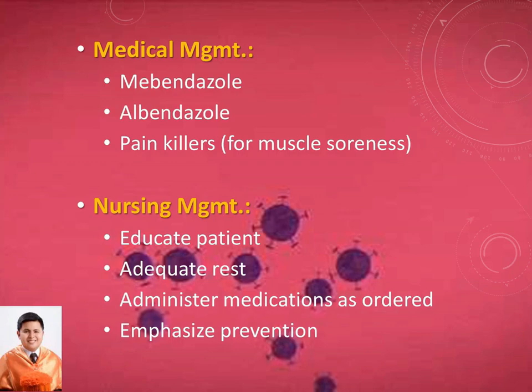For the nursing management, we need to educate our clients, especially on how to promote proper food handling and preparation. We need to provide adequate rest for a better pace of recovery, and also we need to emphasize prevention of this condition through proper nutrition and dietary practices.